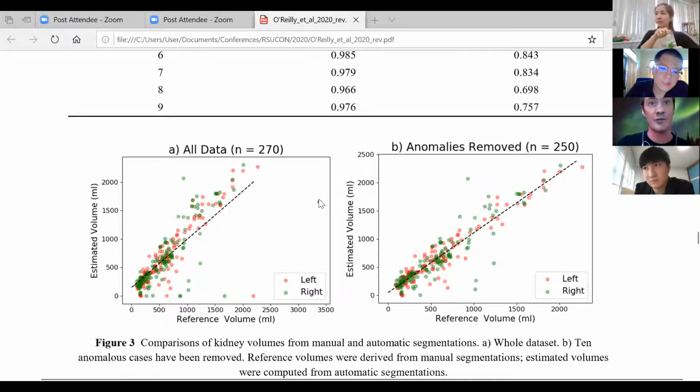The reference kidney volume is very high, but the estimated kidney volume is much lower. So there's an argument to be made that this data is not representative of the distribution of the other cases.